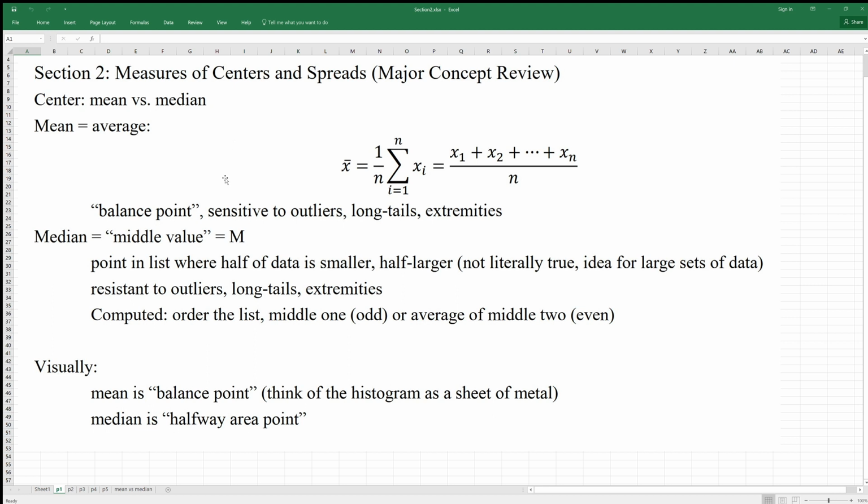So with that in mind, x bar is the notation we use for the mean or average of a set of numbers. Call the numbers x1, x2, x3, x4. Let n be the number of numbers. So x1, x2, x3, x4, up to the last one, x100, x sub n, whatever. Add them up, divide by how many there are. With 20 numbers, x1 plus x2 plus up to x20, divided by 20, and so forth.